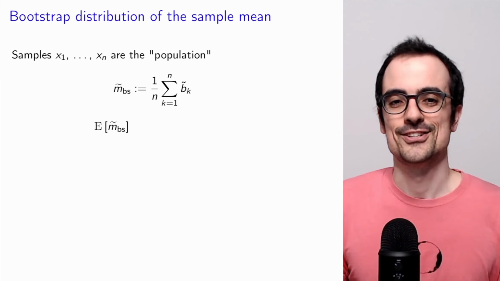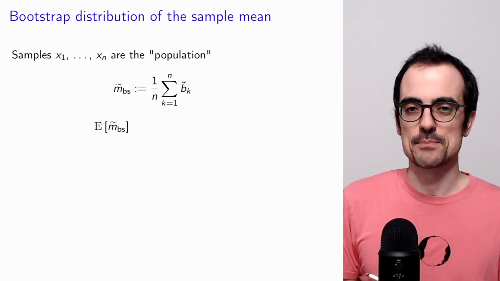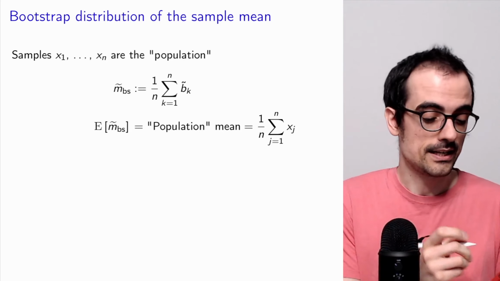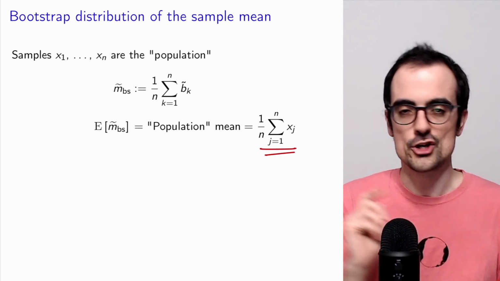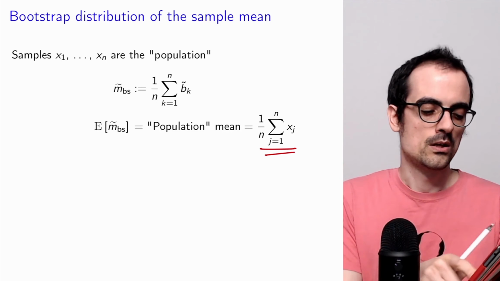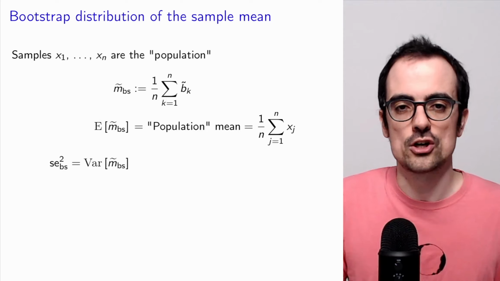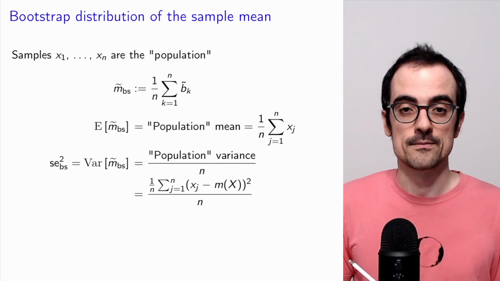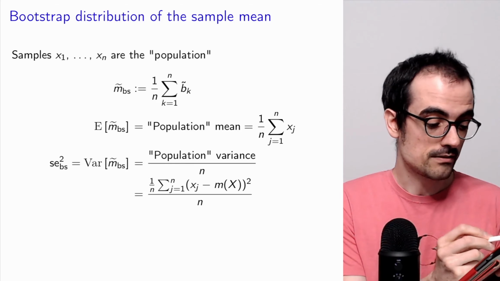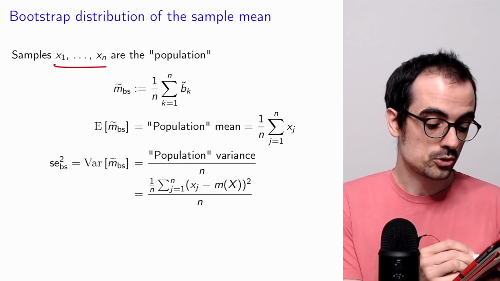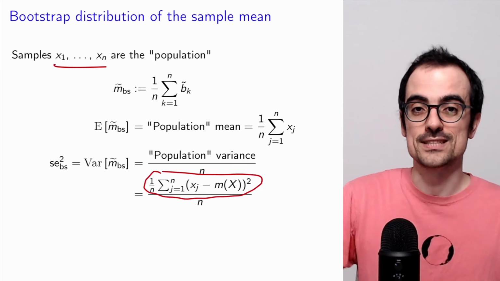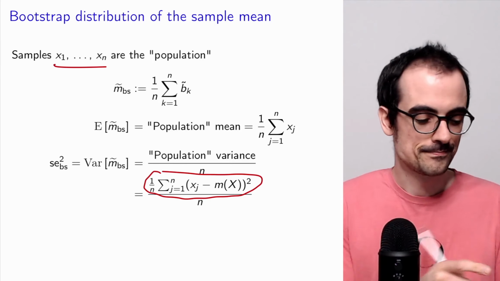What is the mean of this bootstrap sample mean going to be? Well, it's the mean of the population, which in this case is the sample mean of the data, no longer the population mean. What is the variance of this sample mean? Well, it's the population variance divided by n. And here we see that the population variance is very close to the sample variance of the data that we're observing.